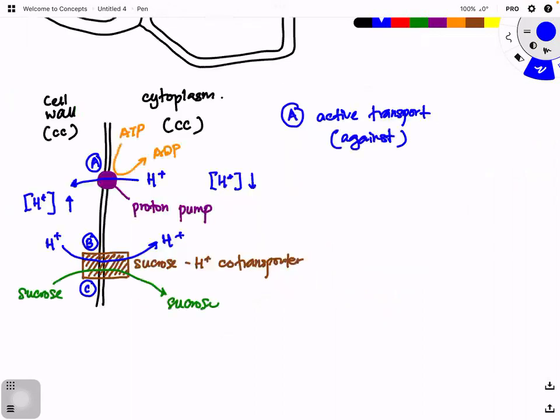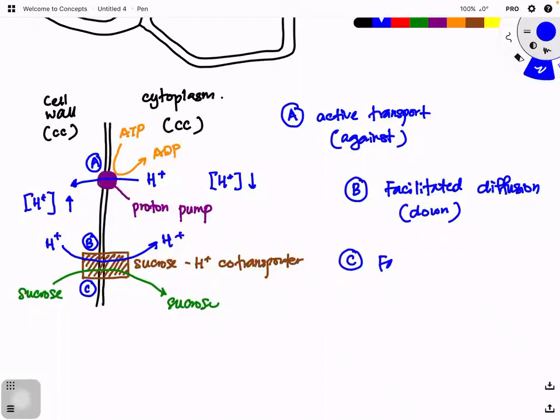Process B is actually facilitated diffusion, down the concentration gradient, but process C is also facilitated diffusion, but against the concentration gradient.